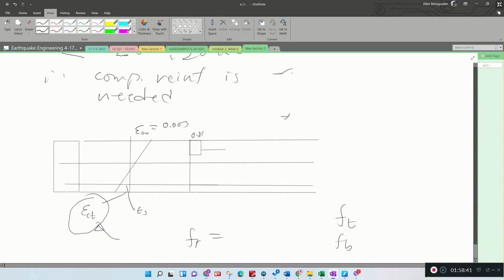So, ito, 0.85 f'c. Ito naman ay C uli yan. Susulat ko lang ulit. Tapos, drawing tayo ulit.